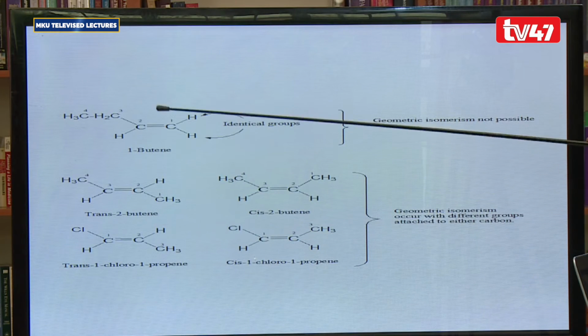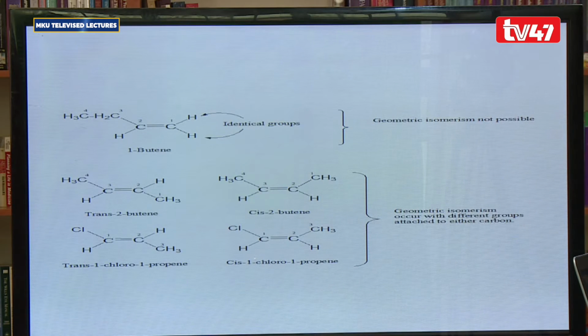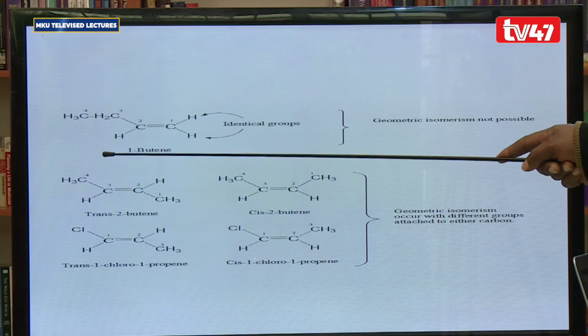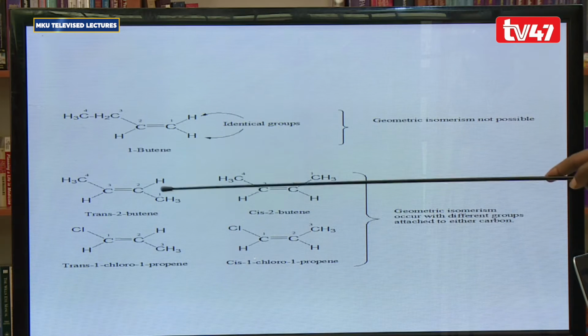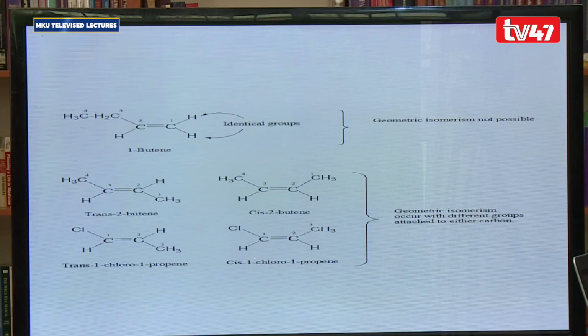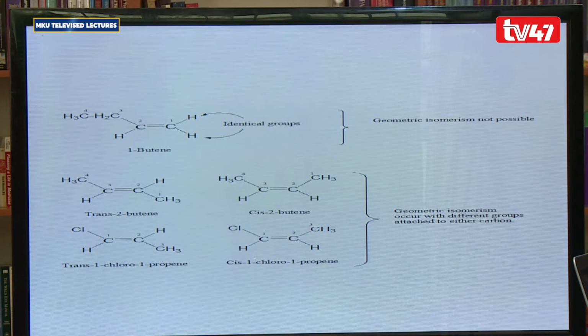Because of the lack of movement around the double bond, if the methyl groups happen to be on opposite sides, like this one, that is, one on top and the other at the bottom, then they are said to be counter to one another, and such an isomer is referred to as a trans isomer. That is, similar groups are trans. They are on different sides of the double bond.